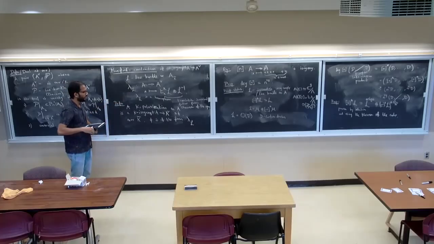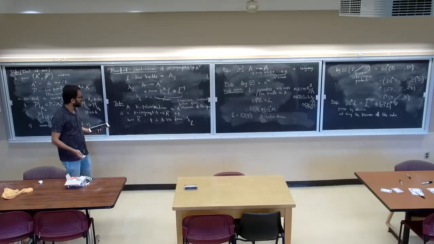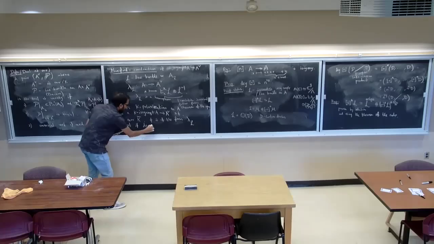That doesn't get everything. Okay. So that's a polarization. And then since it's an isogeny, you can talk about its degree. And if the degree is 1, you say that the polarization is called principal polarization. So it's principal if degree is 1.